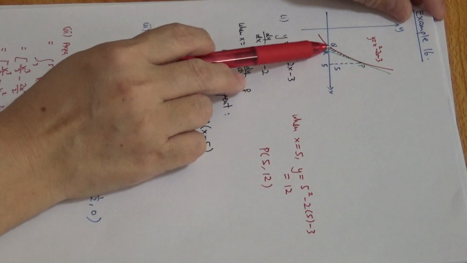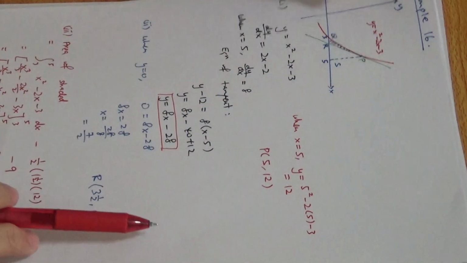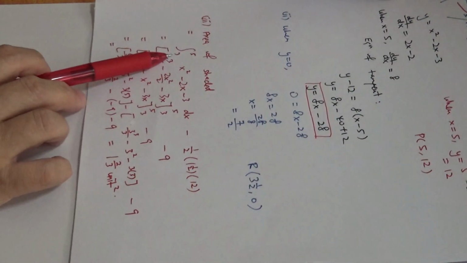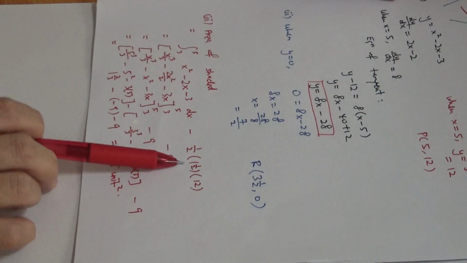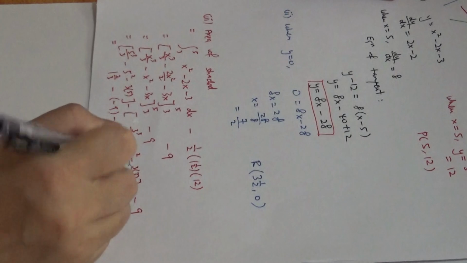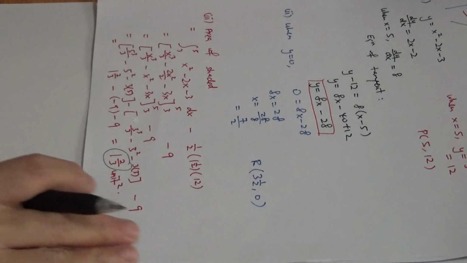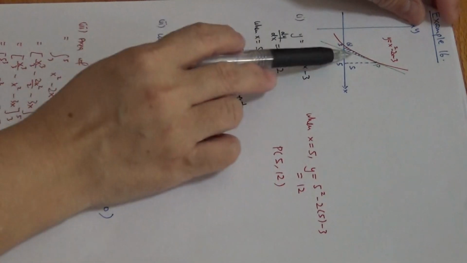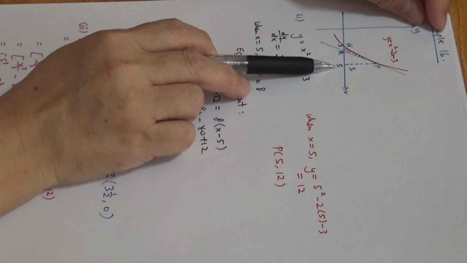Okay, area under the curve minus area of this triangle PRS. So, I will use integration from 3 to 5, the curve, minus area of the triangle. I manipulate it, I will get the answer as 1 2/3 unit square. Now, alternatively, you can also find the area of the triangle by integrating from 3.5 to 5.